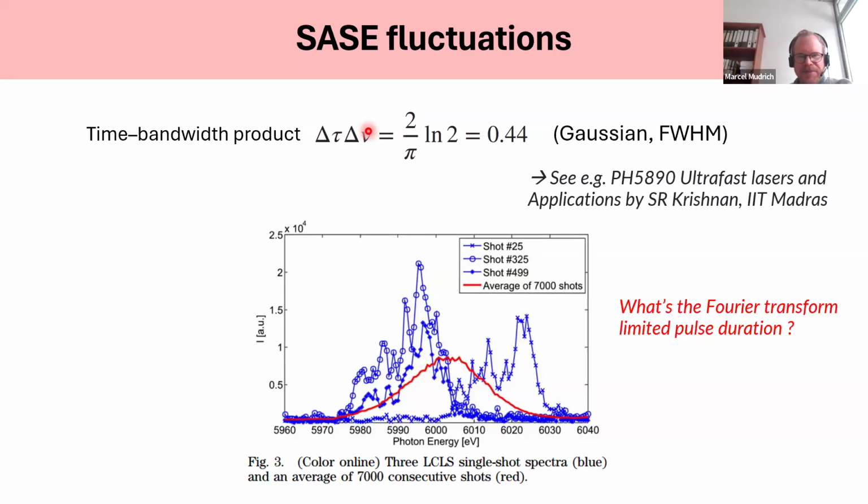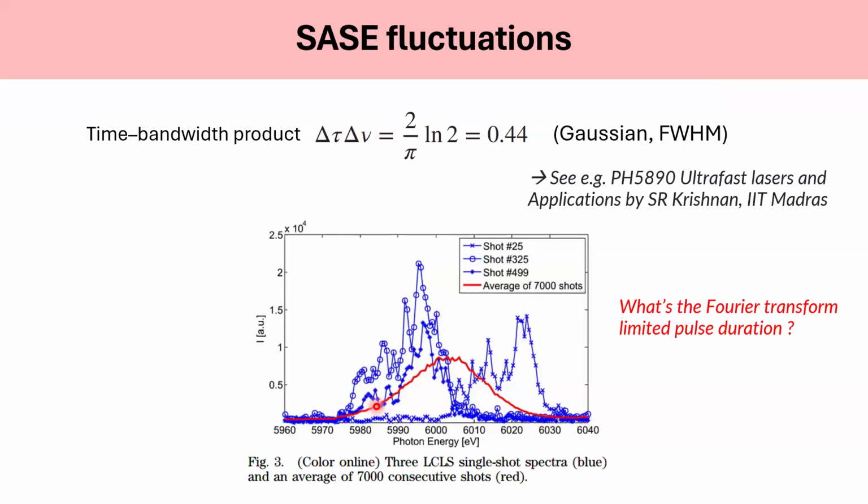Any suggestions? If you're too lazy to plug in the numbers, but you feel confident enough to give a good estimate, then please just give an estimate. How short would the pulses be, given that this is the pulse spectrum and the pulses are Fourier limited?